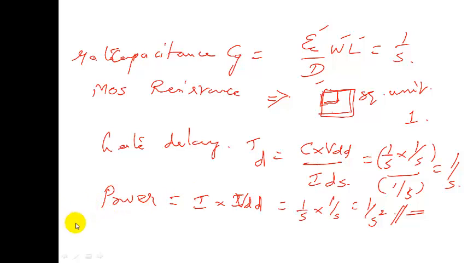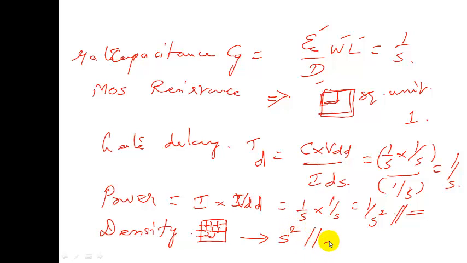And the density: what happens to the circuit density? Previously we were having a certain size, and now we are reducing. So as the size reduces, naturally by the amount of scaling, I would have the number of chips increasing. So I would simply put it as S square.